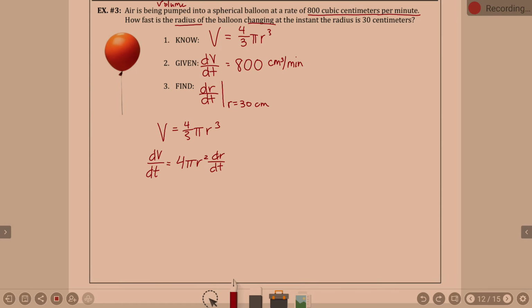What do we know? r is going to be 30, and dV/dt is 800 cubic centimeters per minute. And what are we trying to find? dr/dt.